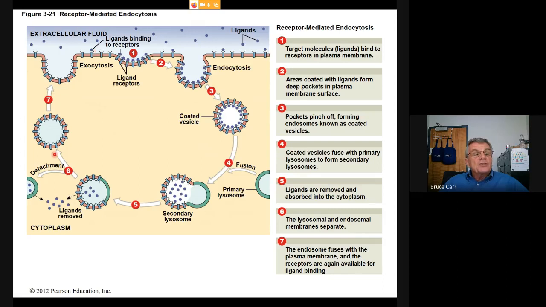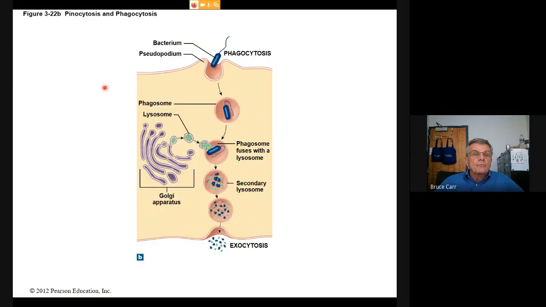So basically, this can be a cycle of import of this ligand and importing in bulk. You'll notice that the binding is an individual molecule, but we're basically grabbing a whole bunch of them and importing them as a group. This is an example of bulk movement or bulk flow, and vesicles are very important in this role inside of cells.